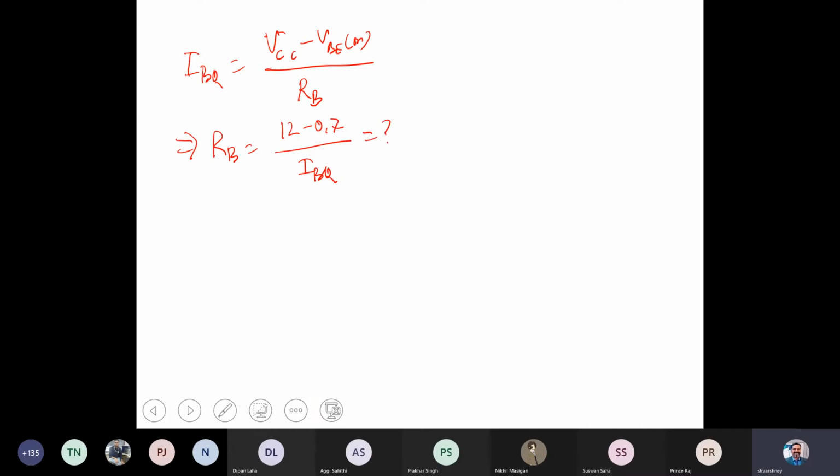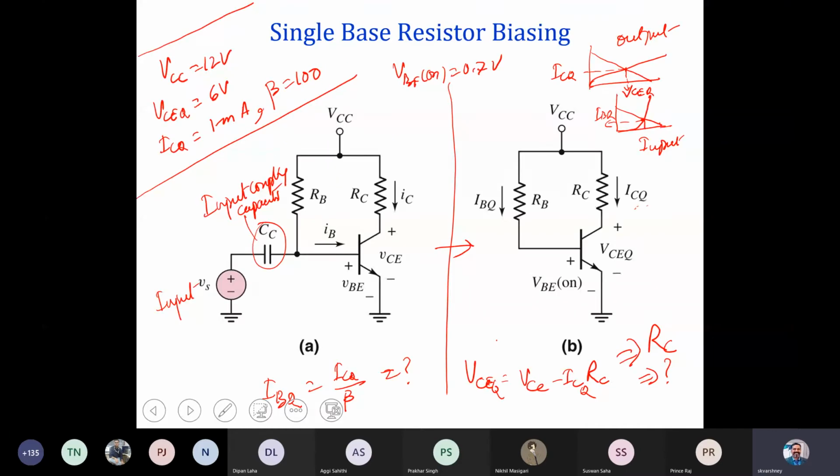IBQ is VCC minus VBE on, divided by RB. That gives the value of RB, which is 12 volts minus 0.7 divided by IBQ, right? Can you estimate and calculate?